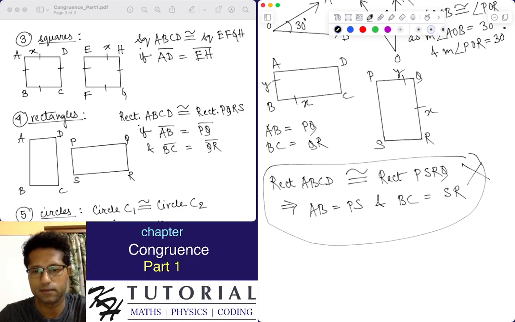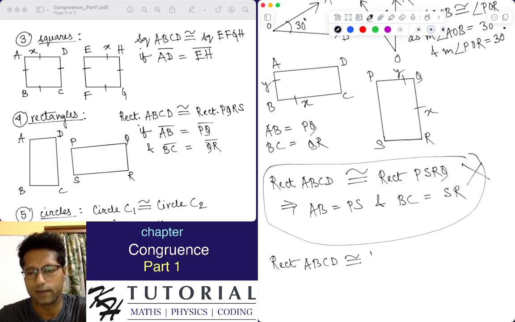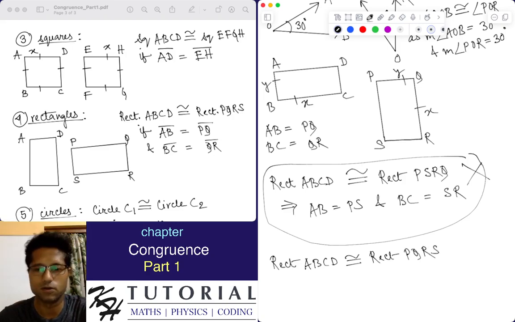So if I write the rectangle ABCD is congruent to rectangle PQRS, this is correct because this will imply AB equal to PQ, because we are taking the first two letters from the left hand side rectangle ABCD, first two letters that will determine the one side.